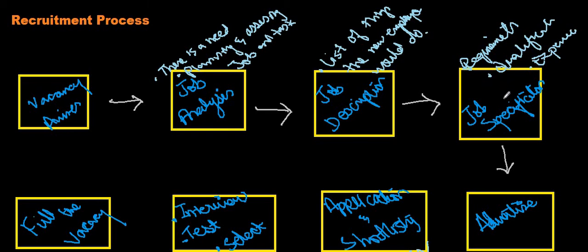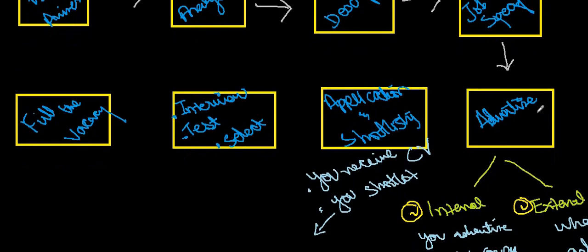Now come requirement. All right, we need your qualification, we need your experience. Then we advertise. Either we advertise internally or externally. Internally is only advertised within the company, and anyone who's working on a different level in the company can apply. And externally is when you can advertise it publicly and anyone can come. Once you have done the advertisement, you will start getting application. People will be sending you CVs.